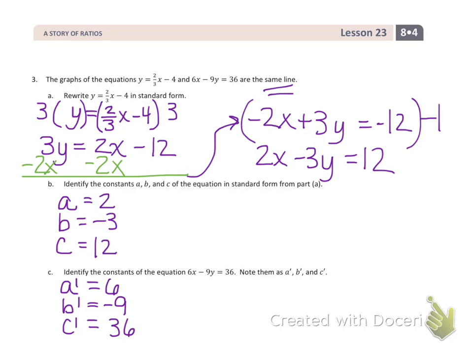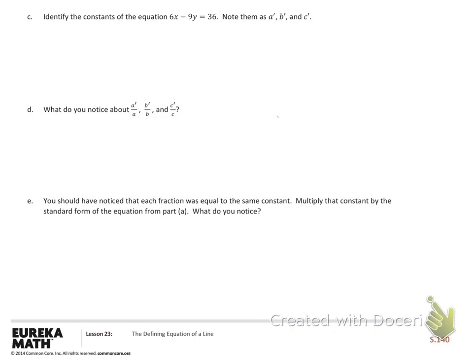Okay, so remember that. We'll go to part D. Part D is going to ask us, what do you notice about those ratios of a prime over a, b prime over b, and c prime over c? So let's go and put those numbers in here and see what those are.